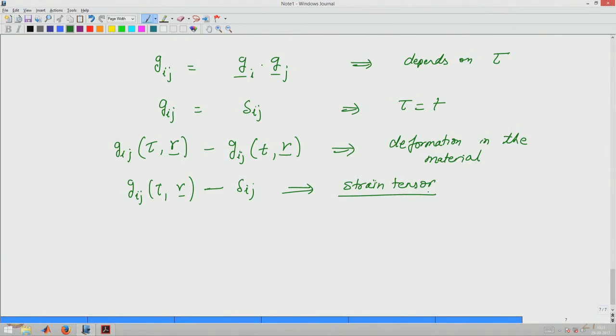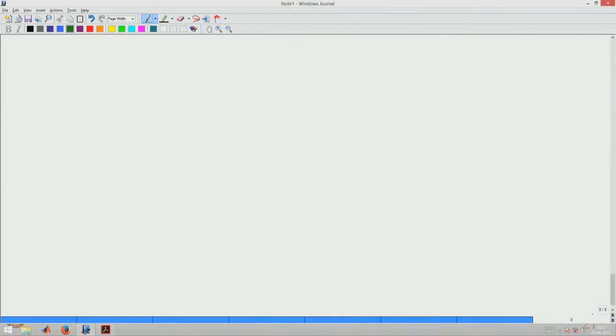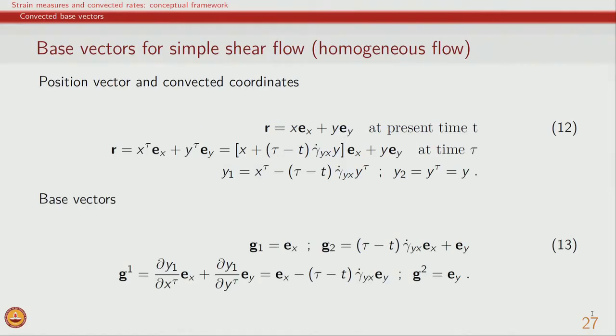So, this we will define formally later on, but now it is a good idea for us to get comfortable with the fact that when deformation is there, the length as well as the direction of these base vectors changes, and therefore, by keeping the metric Gi dot Gj, we can keep track of the deformation.